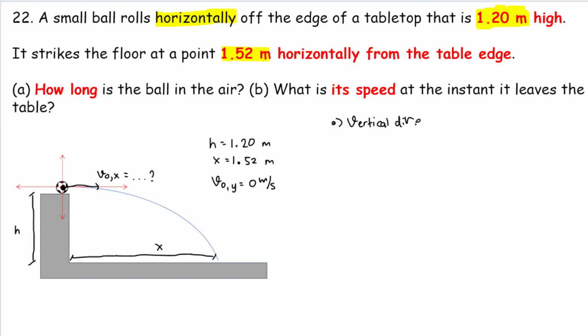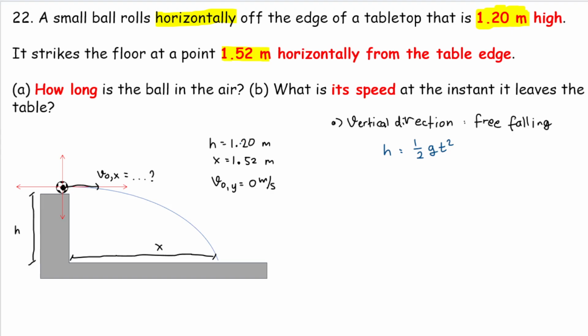Because the ball does not have initial vertical velocity, we can assume that it is free falling, right? So the ball is free falling from the edge of the table. And by free fall, we can use this formula here: h is equal to 1/2 g t squared.